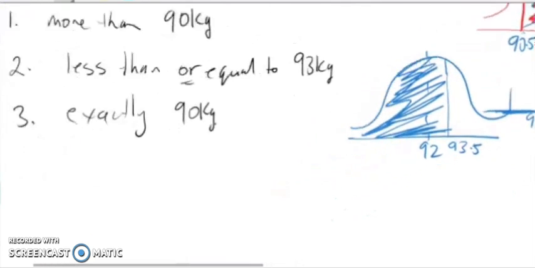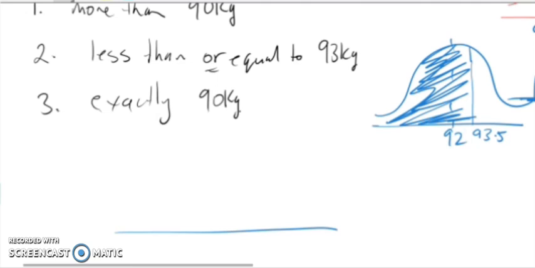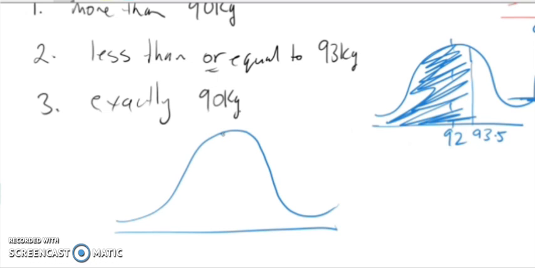All right, the tricky one now. Here's our normal curve. There's our 92 for the mean. We want exactly 90. Now if we think back to normal distribution, it's an area under a curve. We don't get an exact number. But when we do a continuity correction, well, exactly 90, that could have been a little either side of the 90.